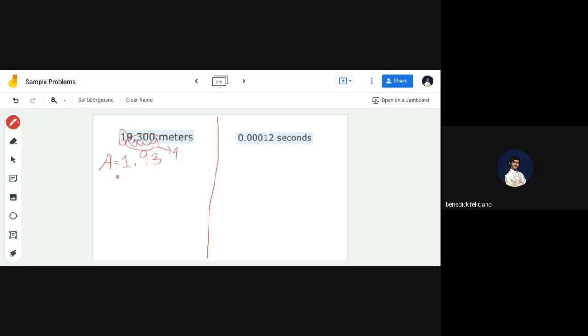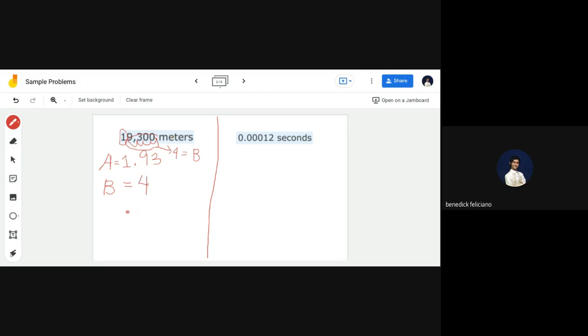Based on the rule, if this will be our P, and if P travels from right to left, B is positive. From left to right, B is negative. So our B is positive because it traveled from right to left.